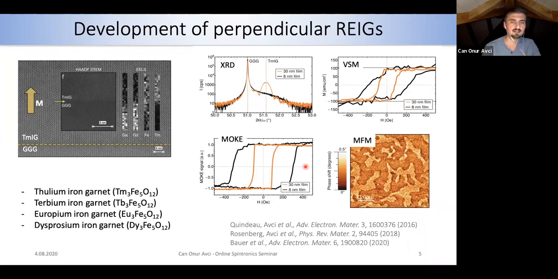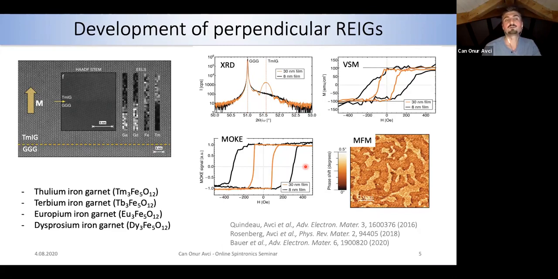Because in the end, my colleagues did a follow-up study, so I was not involved in that, but I read the paper. They have shown a clear link between the presence of the rare earth and the DMI occurring at this interface.